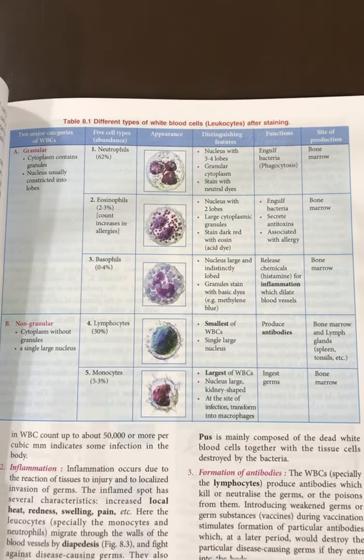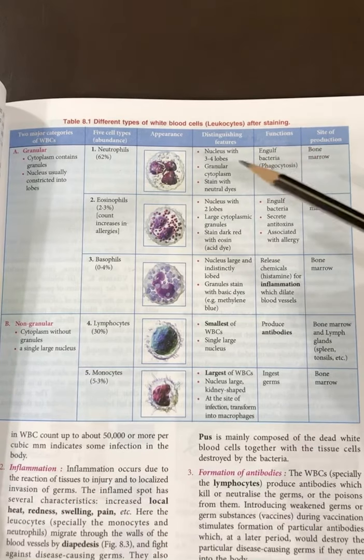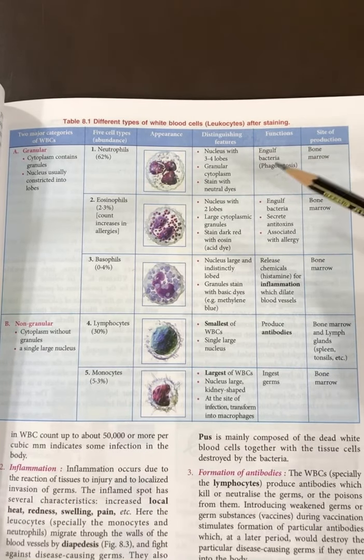The function of these neutrophils is to engulf bacteria. They engulf bacteria, and this process is known as phagocytosis. And this type of white blood cell, that is neutrophils, is produced in the bone marrow.